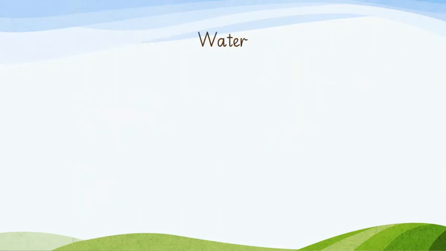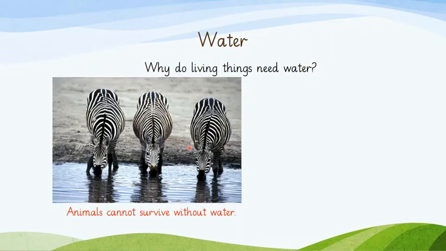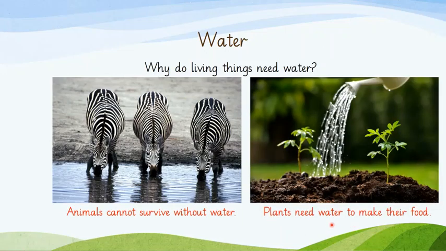Water is another important factor of life. Why do living things need water? Animals cannot survive without drinking water, and plants, they need water to make their food. So without water, plants and animals cannot survive.